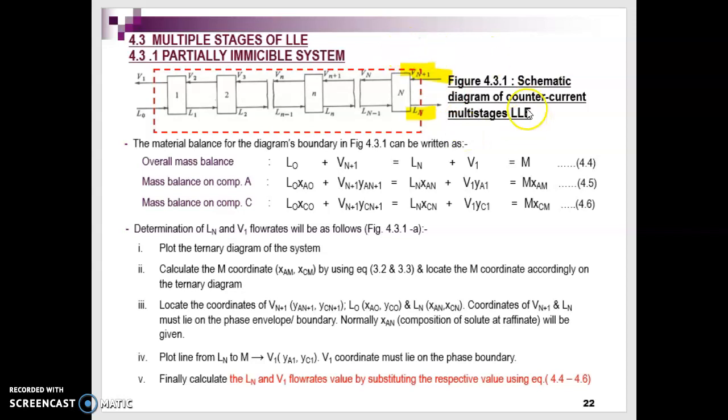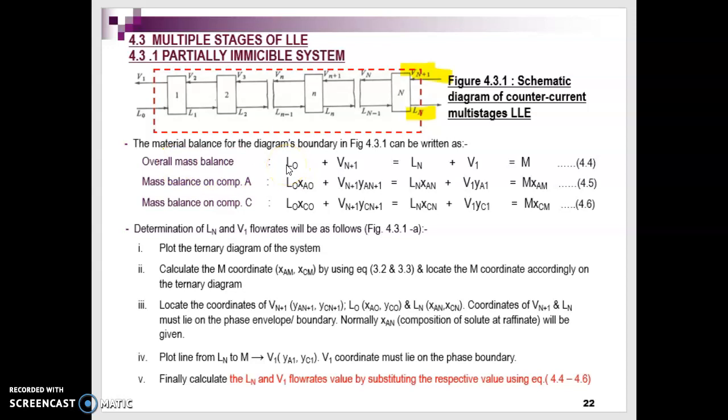Okay, so in order for us to solve a problem related to multiple stage for LLE, the first thing is you need to know how to do the overall mass balance. This is important because for the next step we are going to find the coordinate for M. So this is how we do.